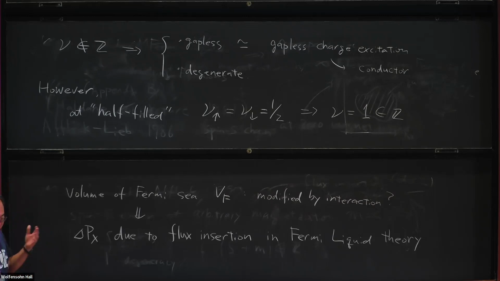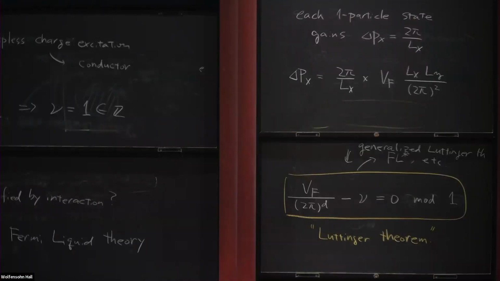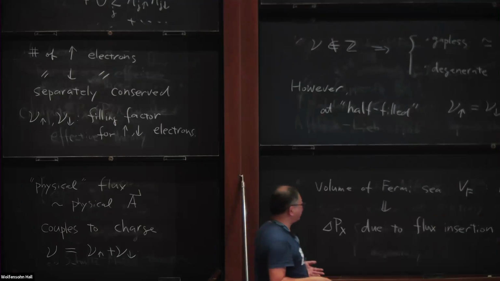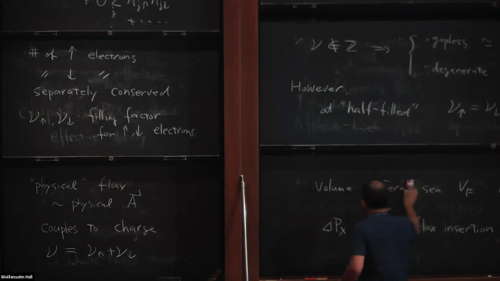But at least for this discussion, this vector potential doesn't have to be a real one. I can introduce a fictitious vector potential as long as there is a conserved quantity. So in this case, as I mentioned, the upspin electron number and downspin electron number are separately conserved.